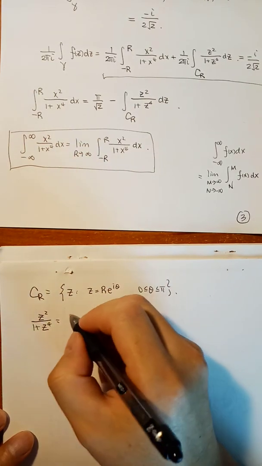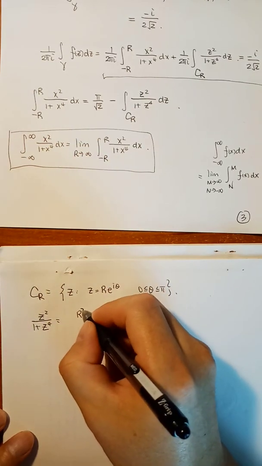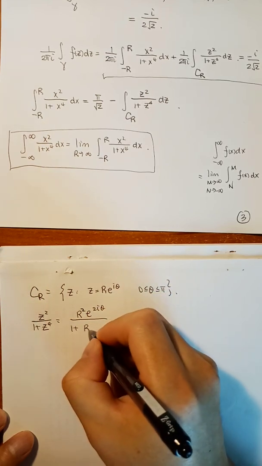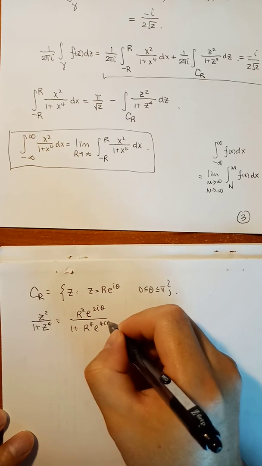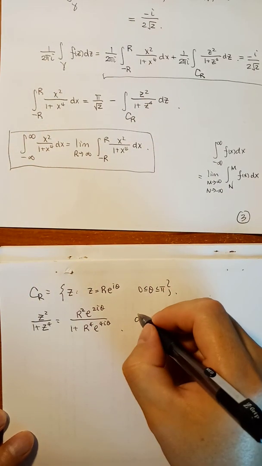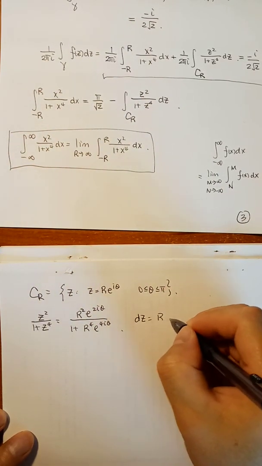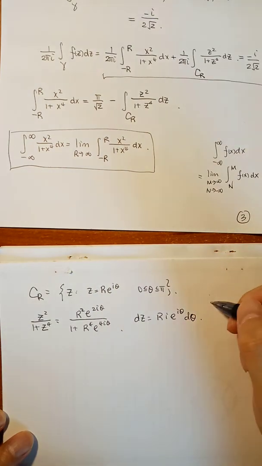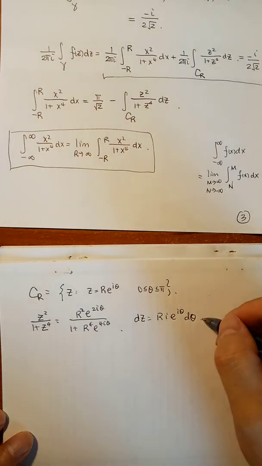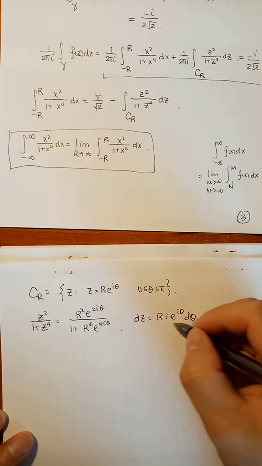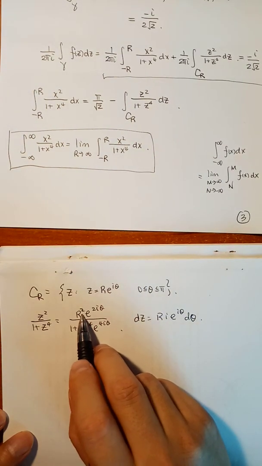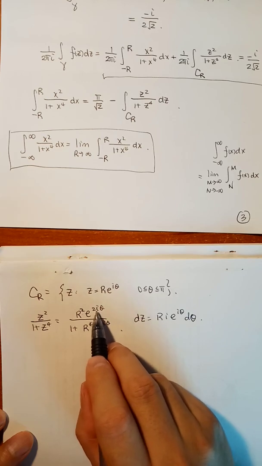It becomes R squared e^{2i theta} over 1 plus R to the 4 e^{4i theta}, and dz is R i e^{i theta} d theta. So in order to have dz, we need R i e^{i theta} d theta. So here you have R squared e^{2i theta}.